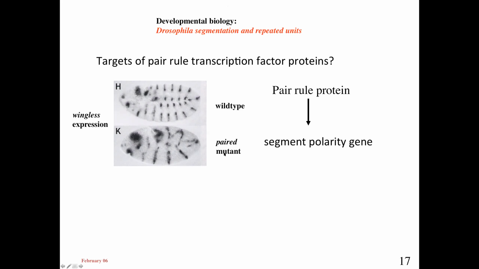So this is a paired mutant, and this is the wild type expression of wingless. In a paired mutant, of the 14 stripes of wingless expression, a number of stripes were missing.